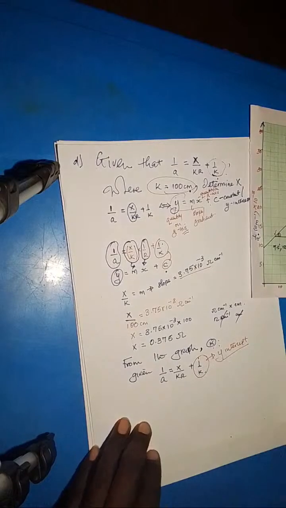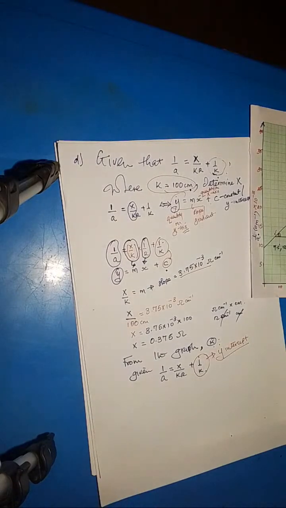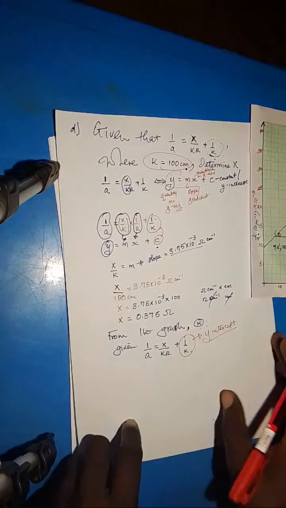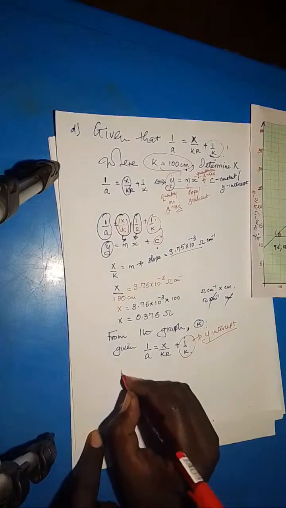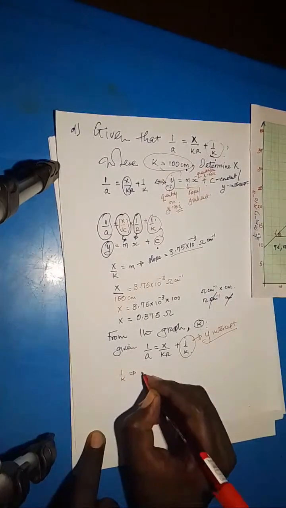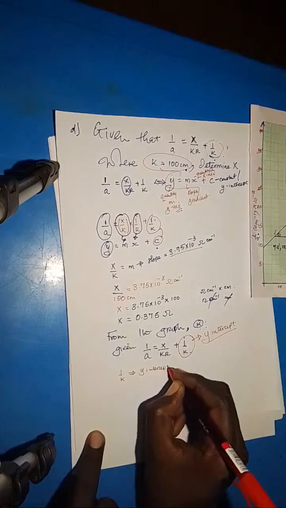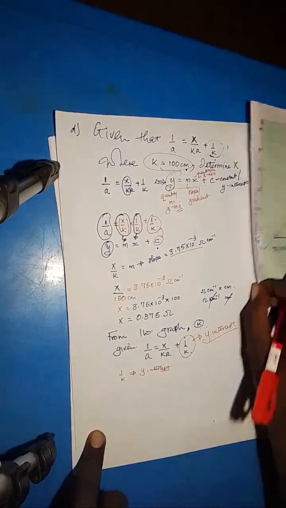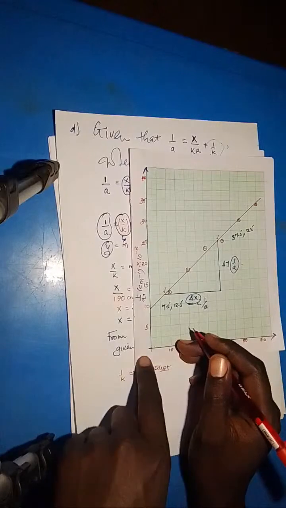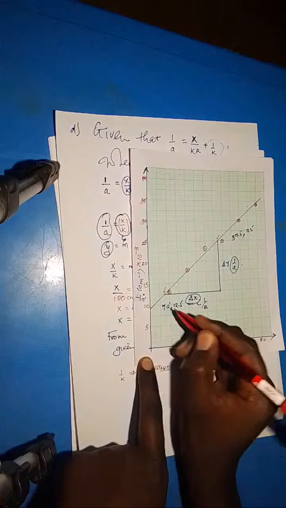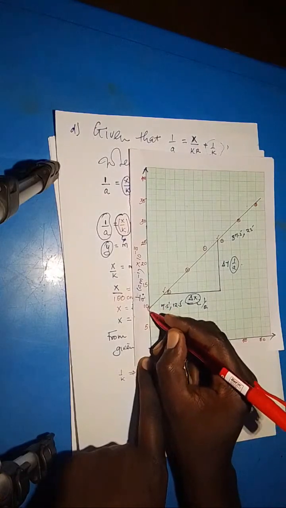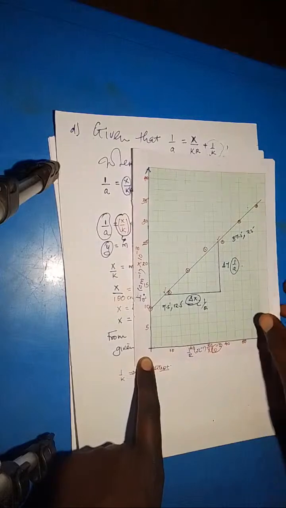Remember these values of calculating, and when the question is very much specific that it is from the graph, then I'll say if 1 over k is giving me my y-intercept, I move to my graph and identify what my y-intercept stands for, and that becomes the point.